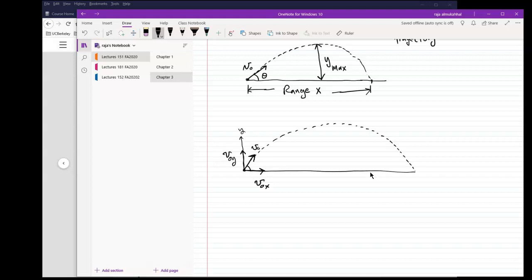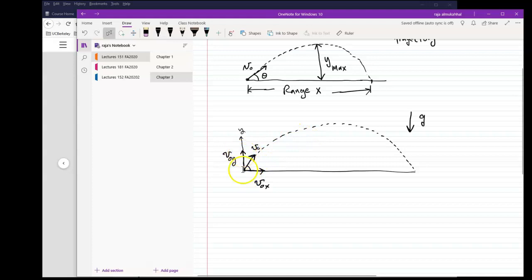Okay? And as the object is following this trajectory or parabolic path, it's slowing down, but because g, the acceleration due to gravity, is in the downward direction, the y component of the velocity is decreasing in value. You see what I'm saying? In other words, suppose the length of the vector for Vy is this long.